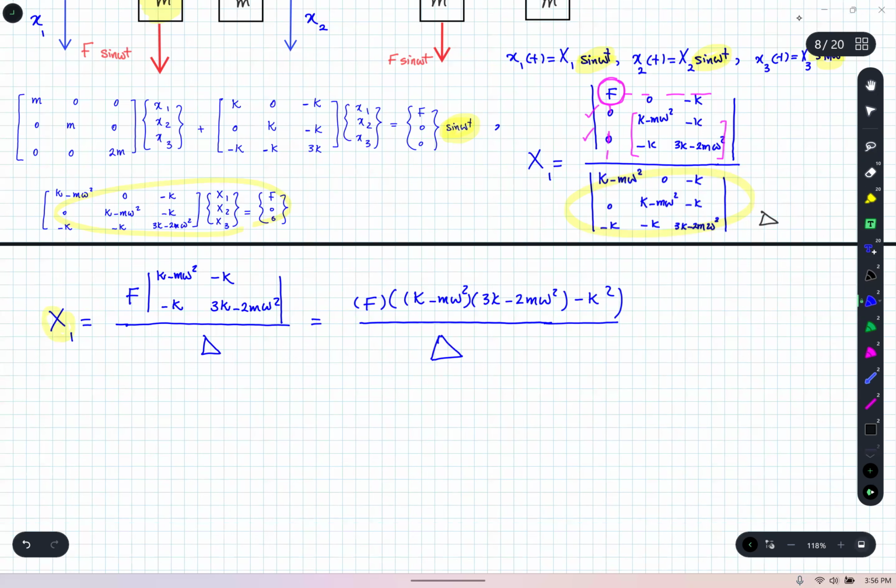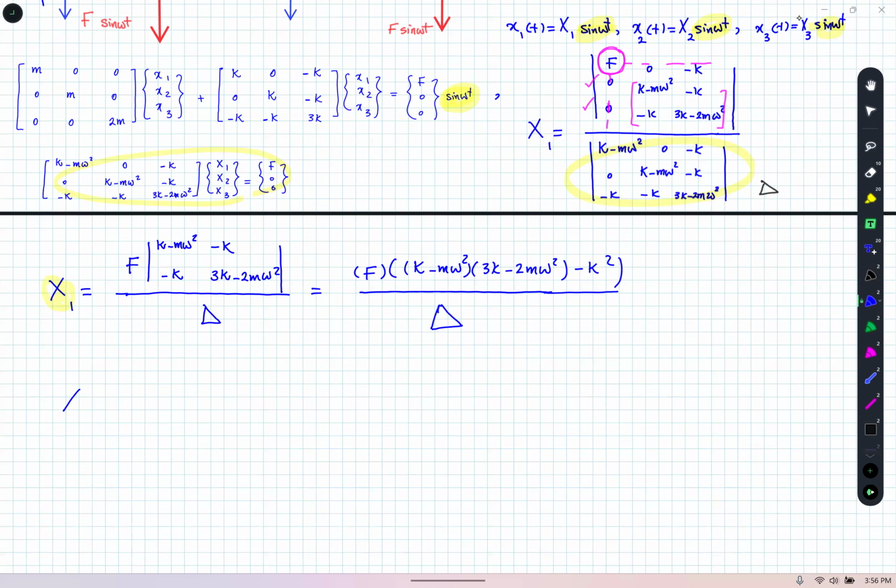Now the question asks, at what frequency does x1 become 0? Let's set x1 equal to 0. It means (k minus m omega squared) times (3k minus 2m omega squared) minus k squared equals 0.